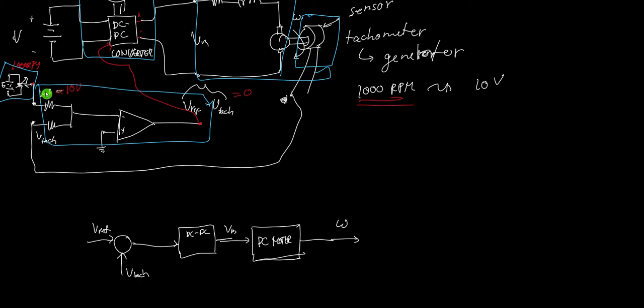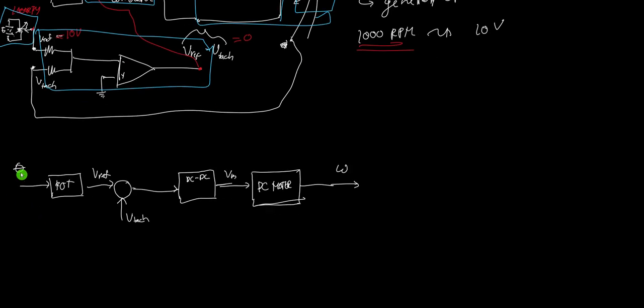And then Vref is connected to the potentiometer. So we have another transfer function here. The output of the potentiometer is a voltage, while the input is the angular position, the rotation of the potentiometer. So our input is the potentiometer, and this potentiometer represents the scale.